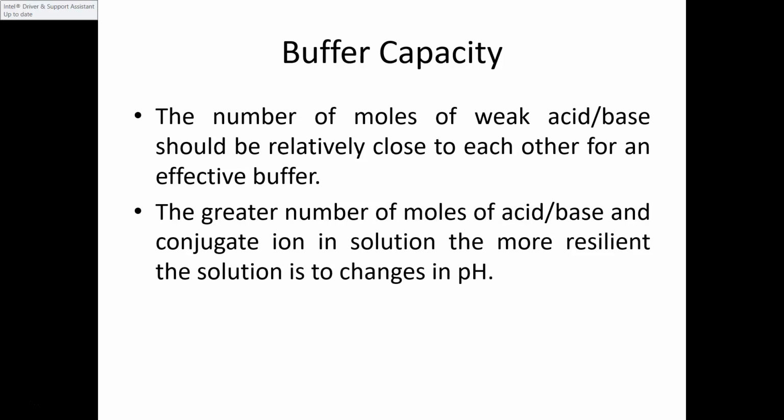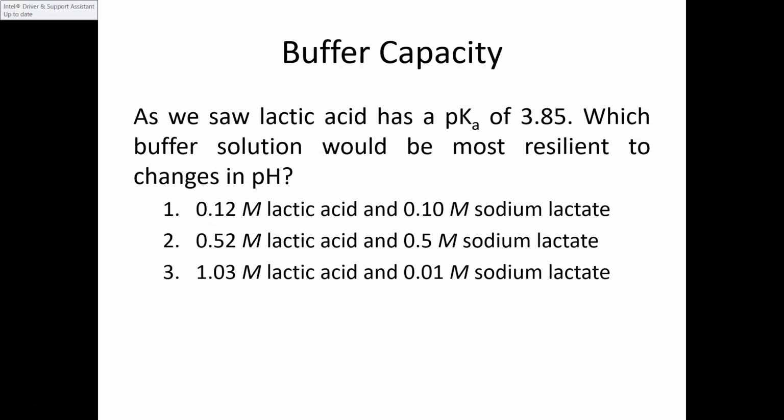So here I've got 3 different potential buffered solutions, and they are all potential buffered solutions. They contain a weak acid and its conjugate ion, that is lactic acid and sodium lactate.